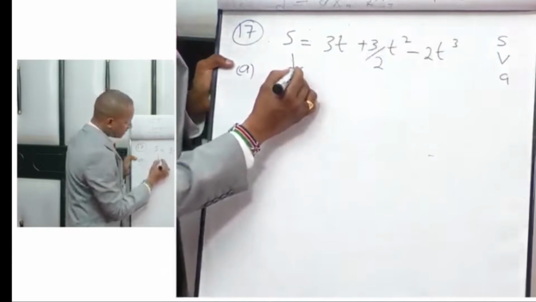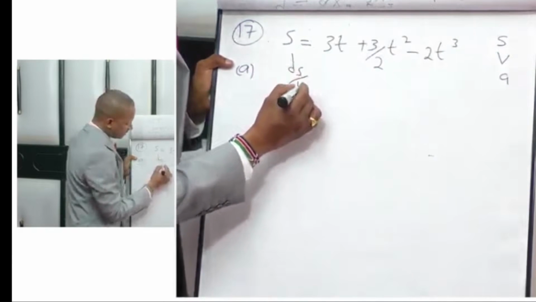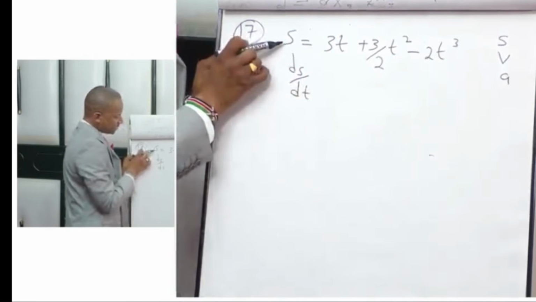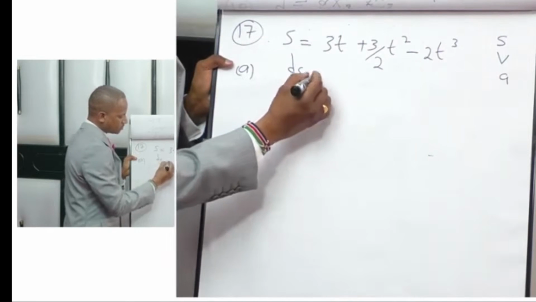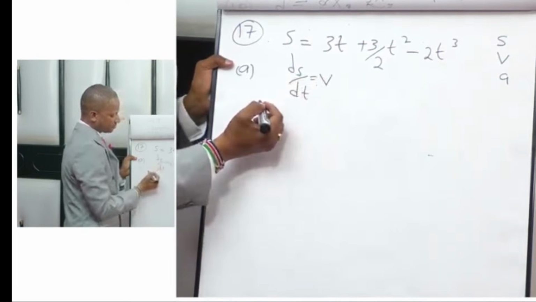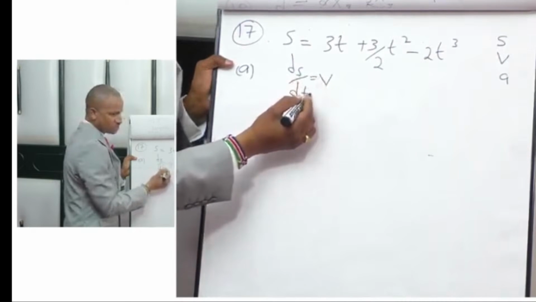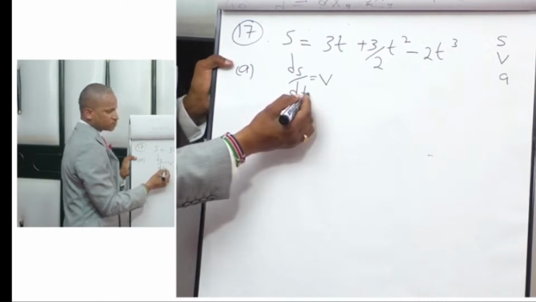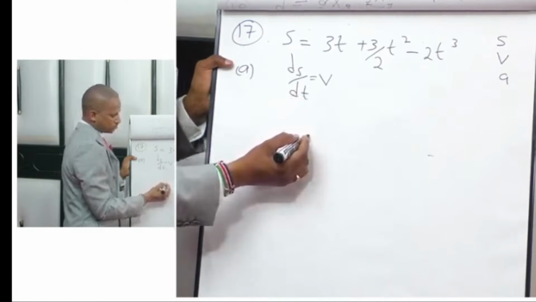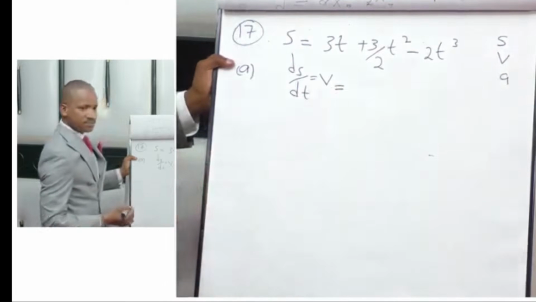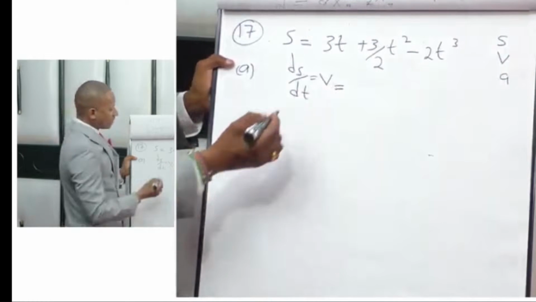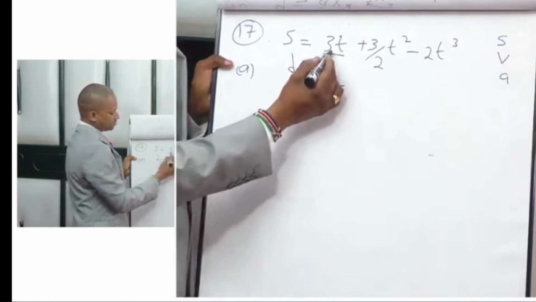Now, when you differentiate s with respect to t, you get what we call velocity. And when you differentiate velocity, you get what we call acceleration. So at this point, you differentiate each term.